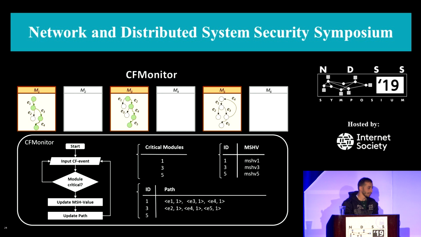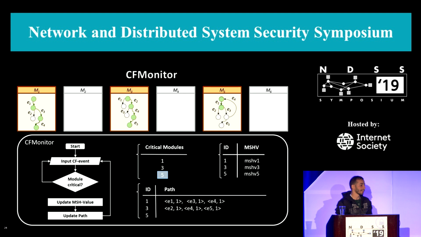To see this in more detail, if edge E1 is executed, our instrumentation forwards to the CF monitor two attributes: the ID of the module that is executing and the ID of the edge that executes. The CF monitor logic then checks the ID in the critical modules.